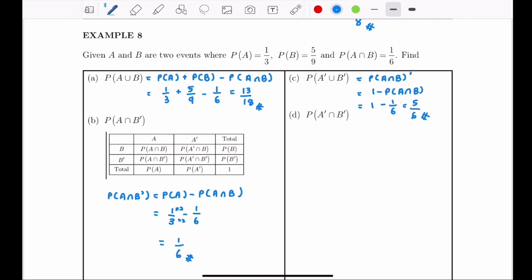And what is probability of A prime intersect B prime? According to De Morgan's rule, it means probability of A union B, prime. So what is that? Meaning probability of not A union B, or 1 minus probability of A union B, which equals 1 minus 13 over 18, which equals 5 over 18.